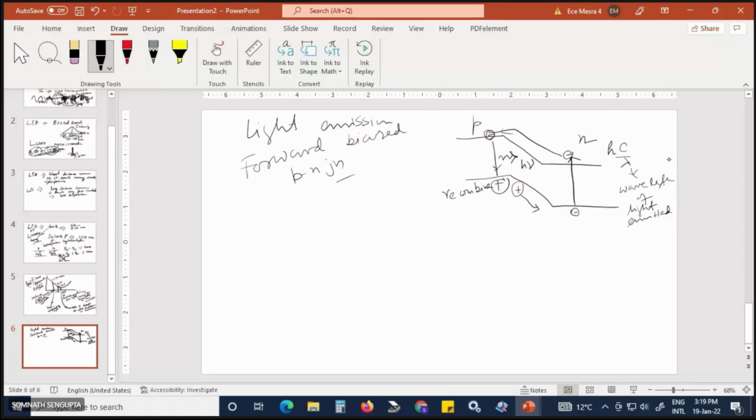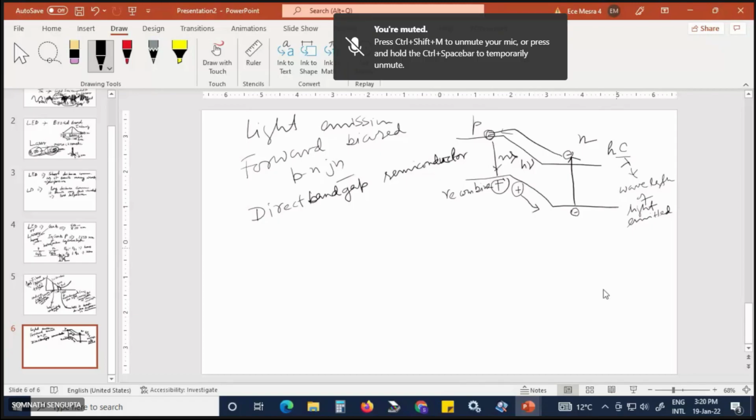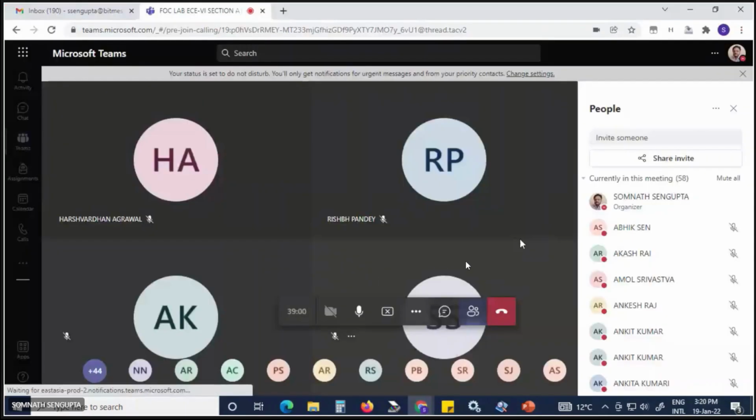So in this case, we have to use a direct band gap semiconductor. Can you give an example of a direct band gap semiconductor? Anybody please respond.